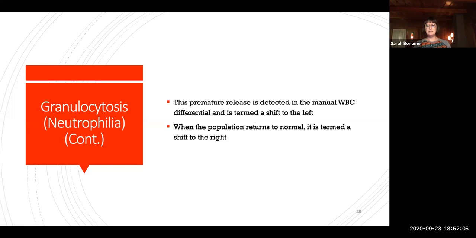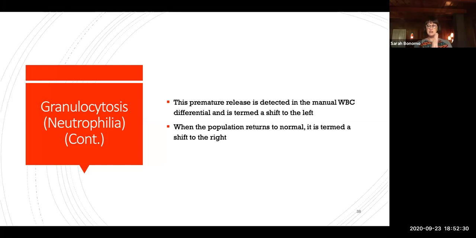When we look at a CBC, I just want you to have had an introduction to this. This premature release, shown on a blood draw when we have that increased number of neutrophils referred to as neutrophilia, we call a shift to the left. Just tuck this away in your memory because you're going to hear it when you're out working.